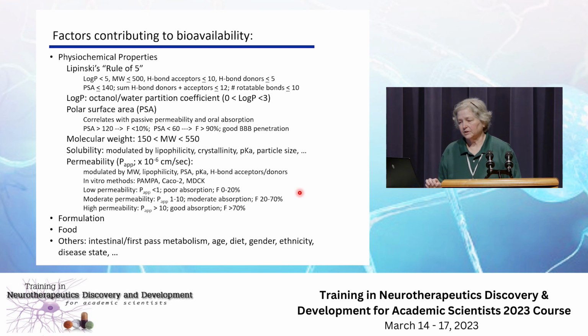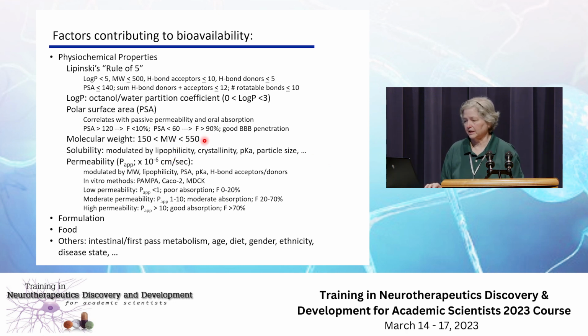The reason I put these all here is that as you're optimizing SAR, if you said, okay, I need to make my molecular weight lower, whenever you change one of these parameters, it's going to impact another of them. And so you need to pay attention to not optimizing just one thing. Look at how they're all interacting together and how they are then impacting your bioavailability, for example.